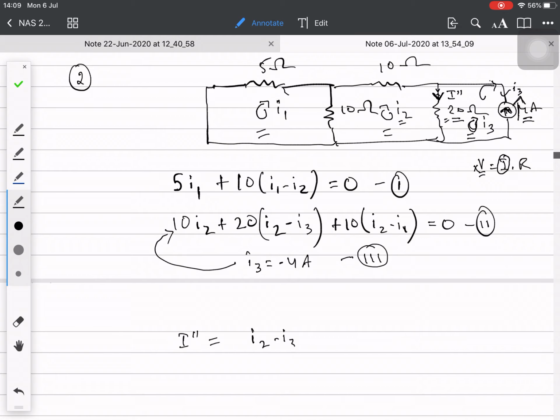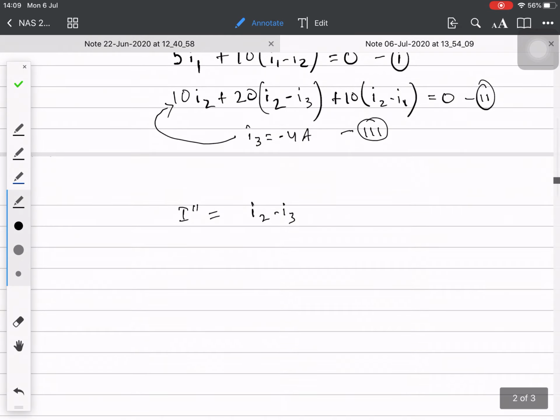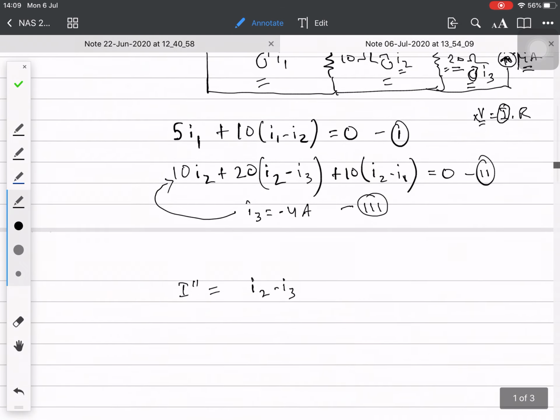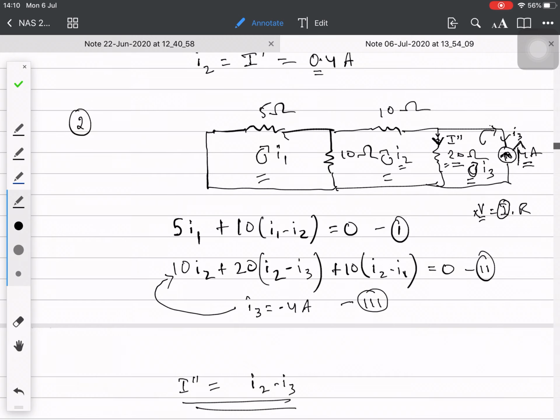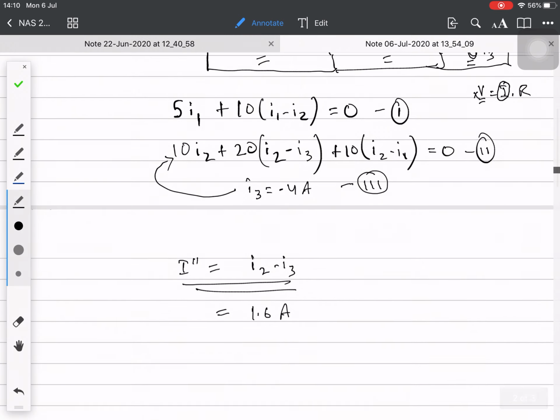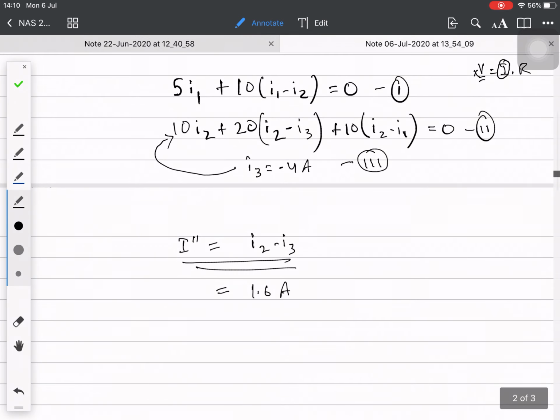I2 minus I3. So when you solve these equations and compute this, you will get I double dash equal to 1.6 ampere in this direction only, right? Very simple equations you can solve very easily.